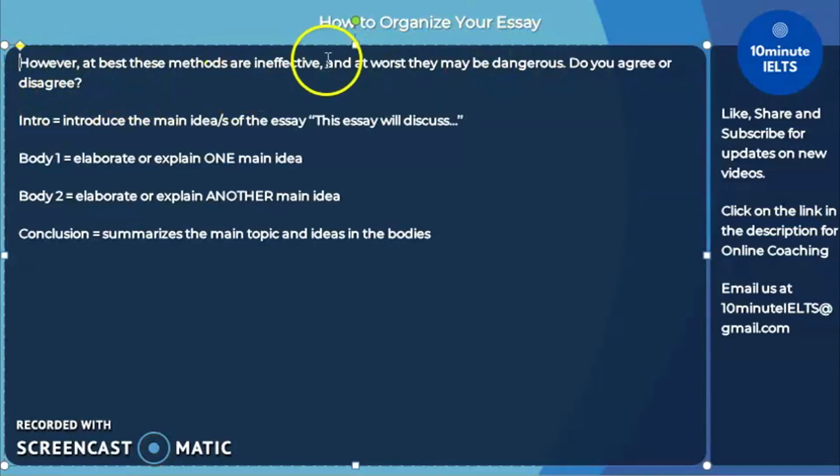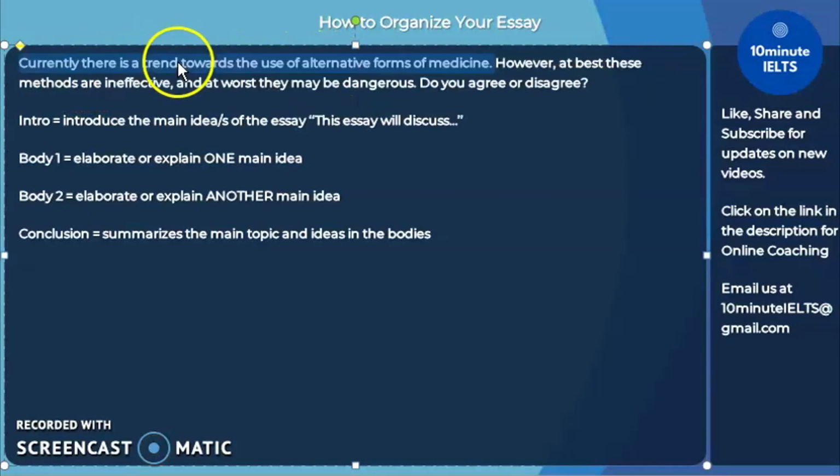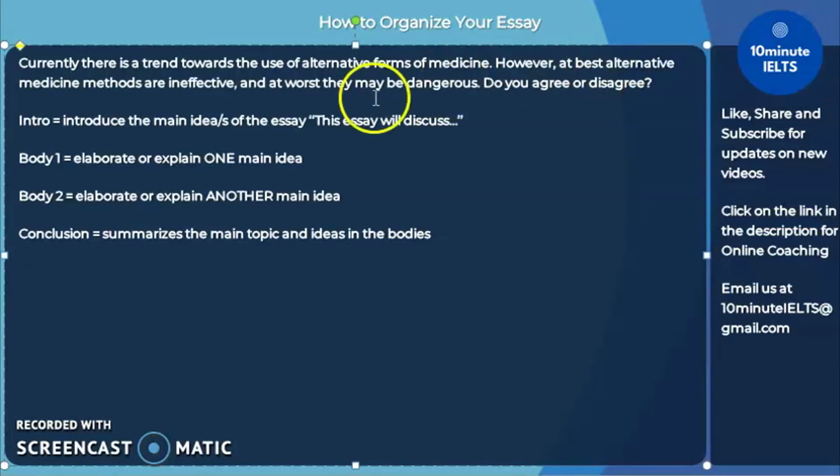So, the real question is, however, at best, these methods, which refer to alternative forms of medicine, so let's take away these and replace it with alternative medicine is ineffective and at worst may be dangerous.